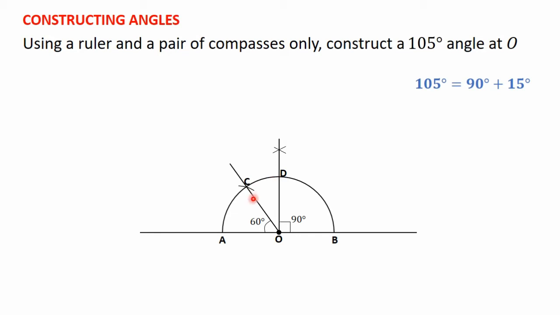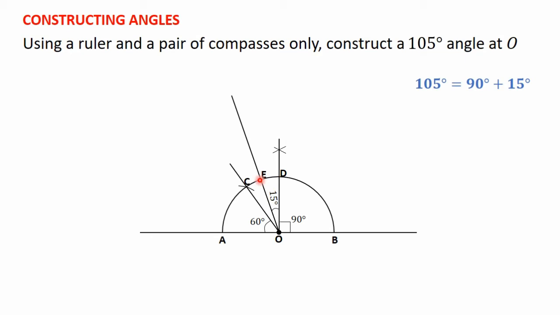When we bisect a 30 degrees angle, we are going to get 15 degrees. So it means that when we bisect the angle between point C and point D, the angle formed here will be 15 degrees.